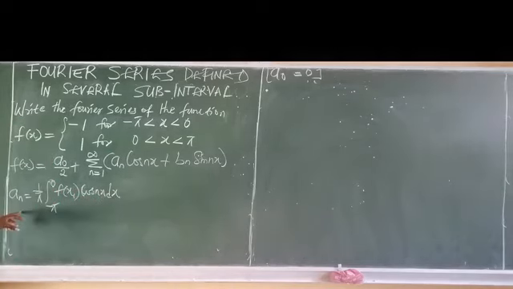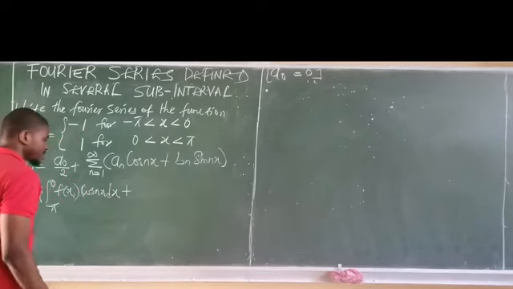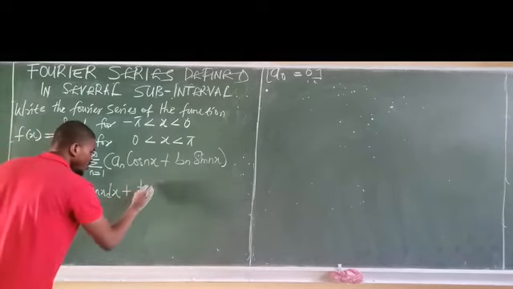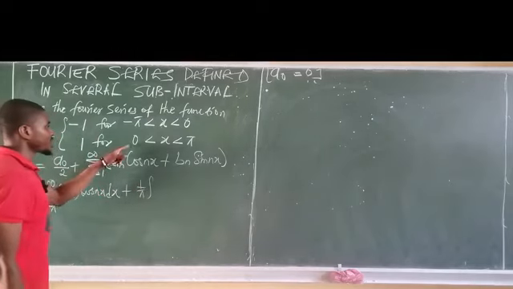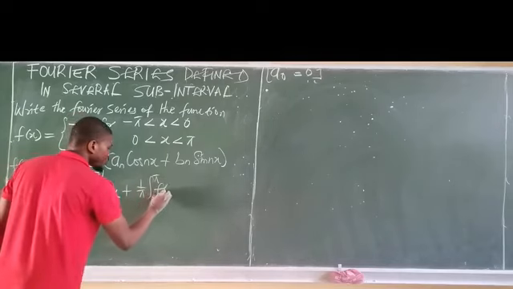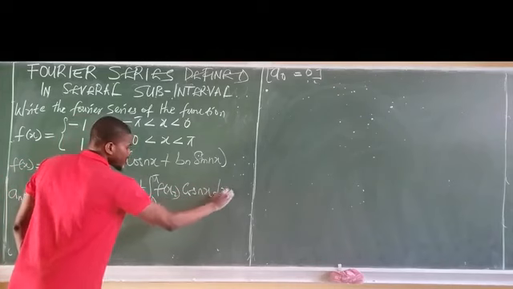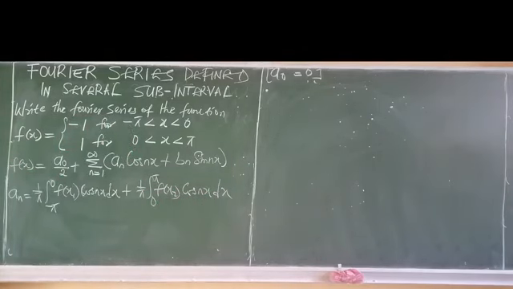So this is how you find an. This is for the first interval, plus, considering now the second interval, also 1 all over pi integral. The second interval is from 0 to pi. From 0 to pi, f of x2 also cos nx times dx. You have this.